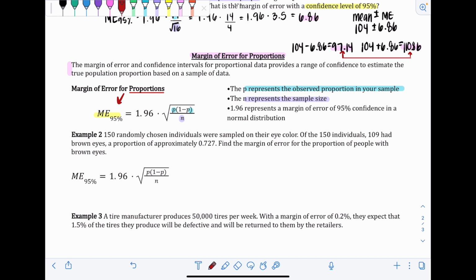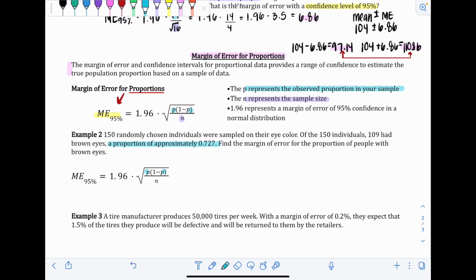Okay, so now we just have to figure out what each letter represents in our problem. We know p is the observed proportion. In the second sentence it says, of the 150 individuals, 109 had brown eyes, a proportion of approximately 0.727. So that 0.727 is going to be our p, and notice there are two p's, so it goes in both spots.